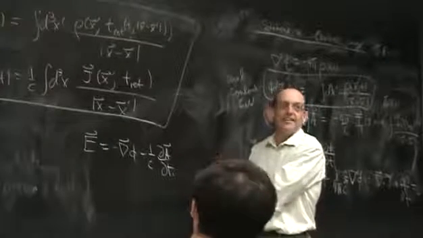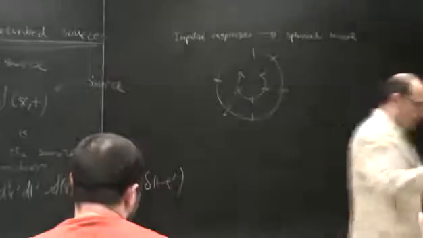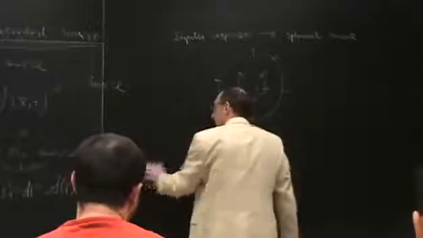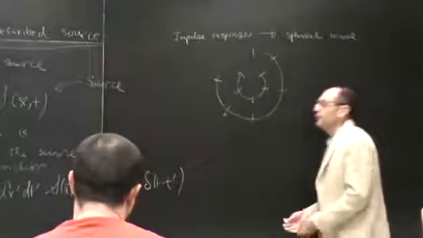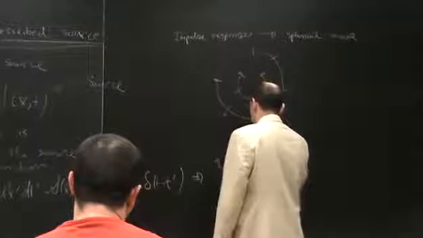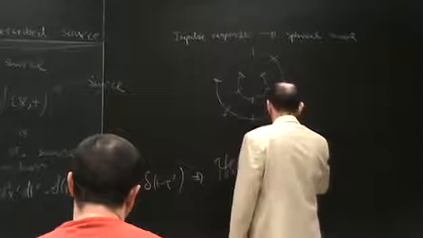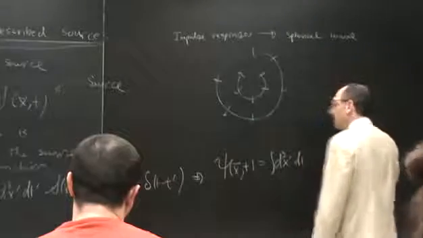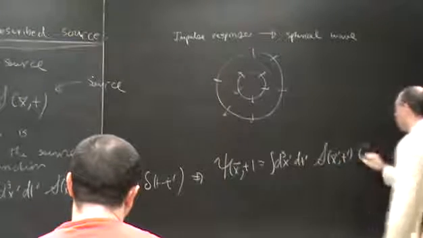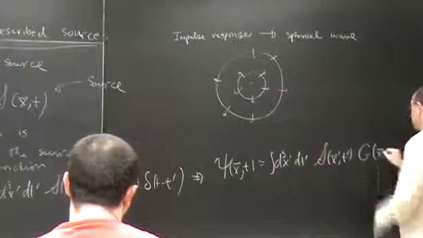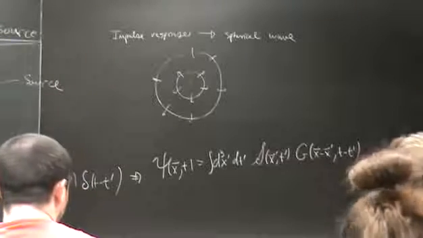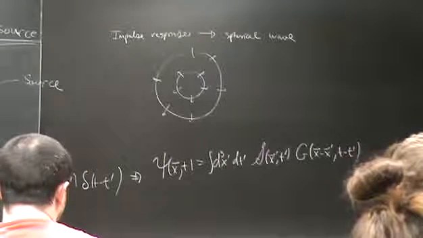All right? At an arbitrary source, which is a superposition of impulses at different positions and different times, our general solution will just be the convolution of the weighted strength of the source with the Green's function associated with the impulse response, the spherical wave.